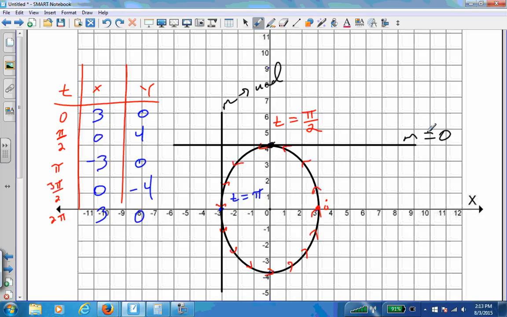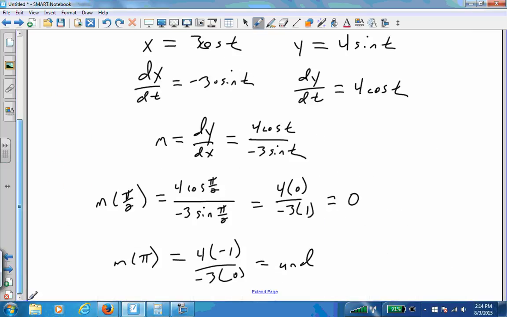In the past, most everything we've dealt with have been functions, so we didn't have vertical tangent lines. Now, when we had implicitly defined functions, we did have some graphs that were not functions. But with parametric equations, you have all sorts of graphs that aren't necessarily functions. So we can have vertical, undefined tangent lines. If we were to let t be any number, we could find for what t's our slope would be 0.